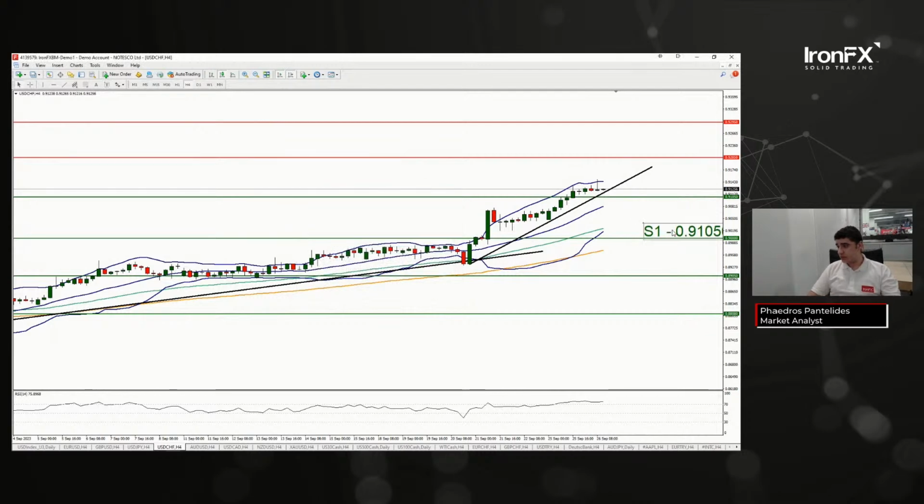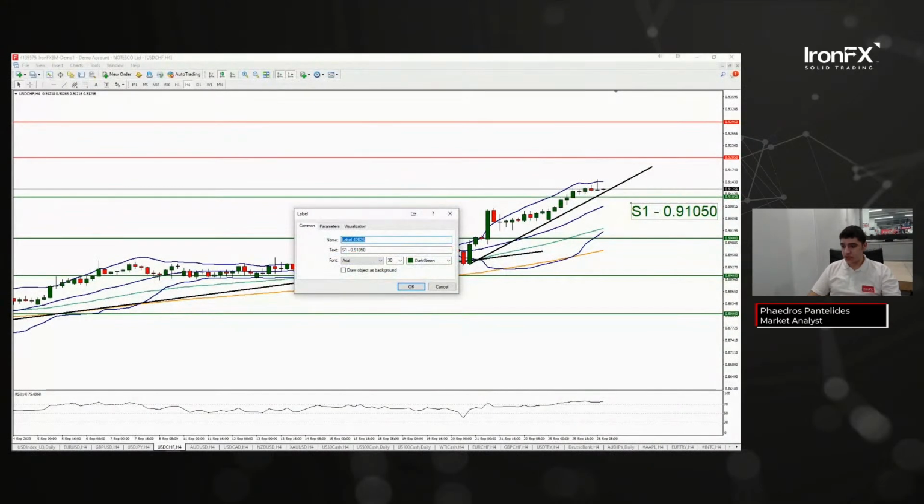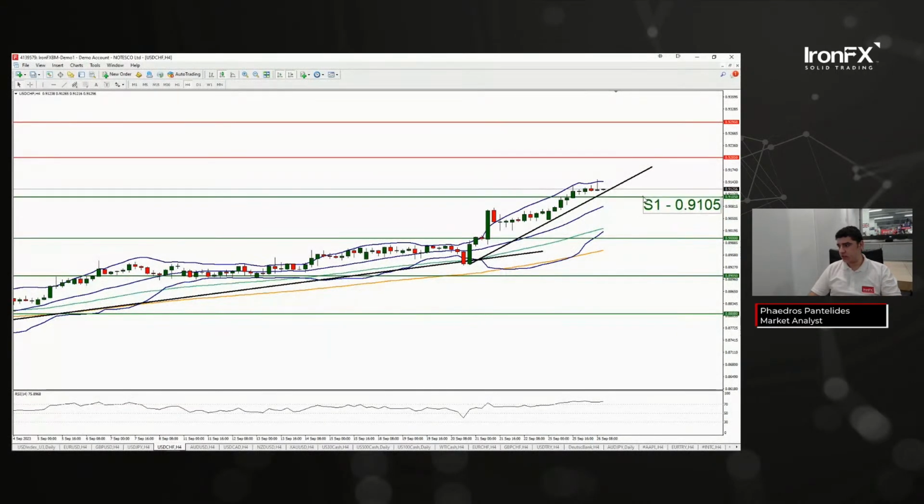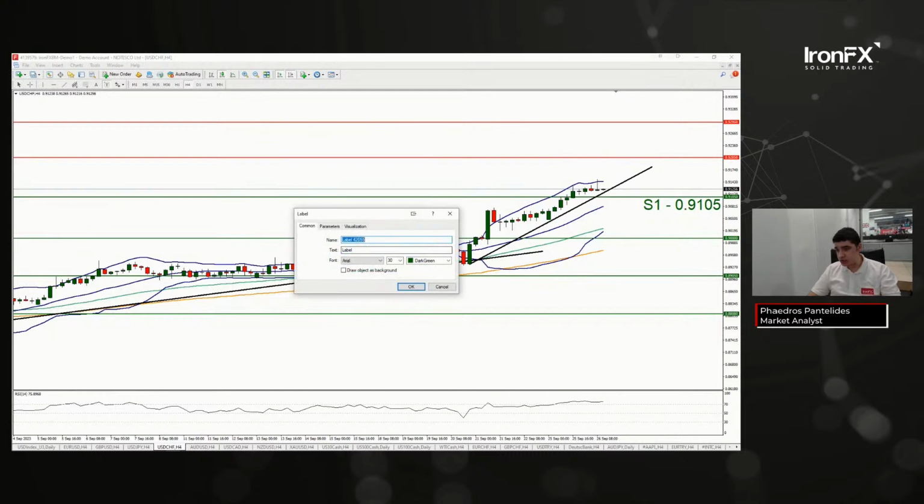So this is resistance now turns support, which means we need to find a new R3 level. So next potential target for the bulls might be the R1 level, which is the 0.9205 level. Let's place this in.